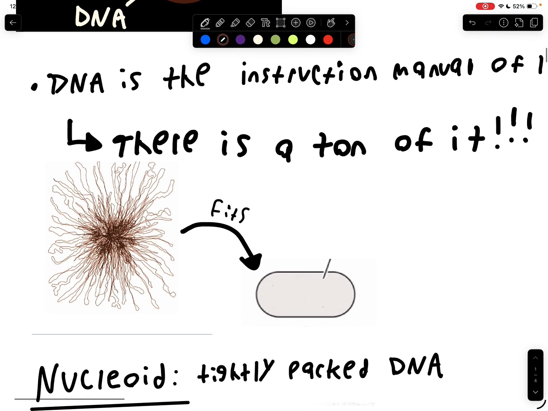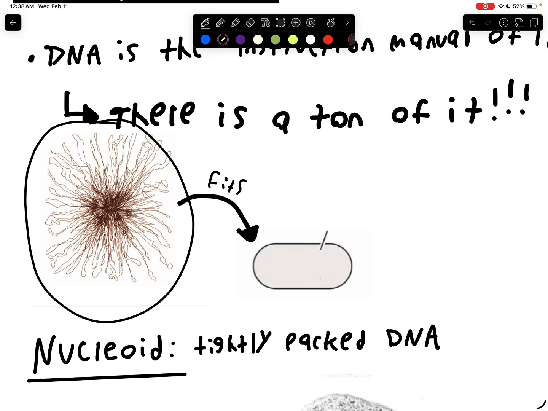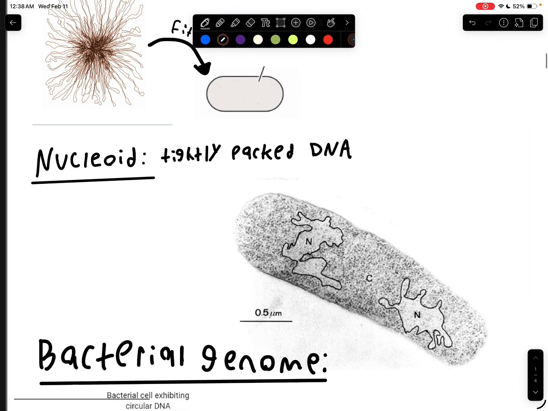As you can see over here, this is DNA, partially spread out. This whole entire thing somehow needs to fit into this tiny 1 micrometer bacterial cell. And so it does do that, and we need to talk about why or how that works.